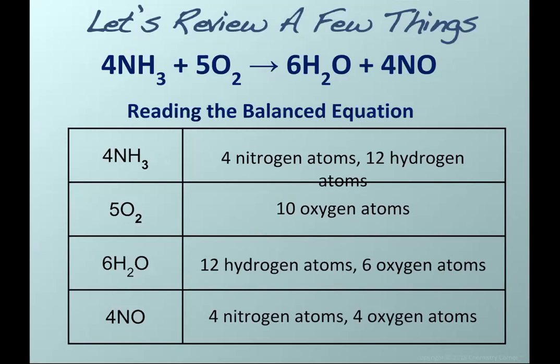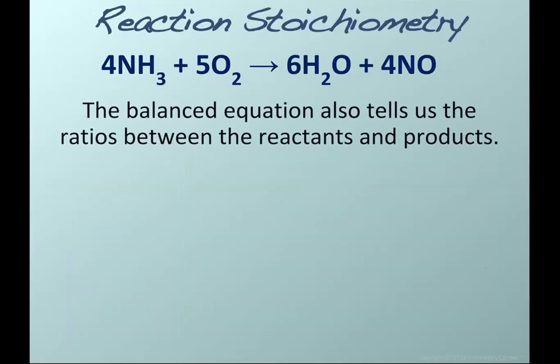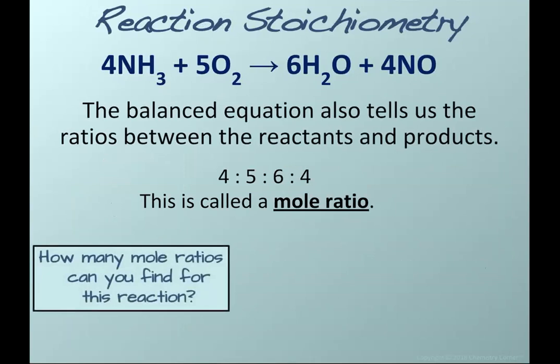Okay, the balanced equation also tells us the ratios between the reactants and the products. 4, 5, 6, 4. This is called a mole ratio. Okay, these are the coefficients out in front. 4, 5, 6, 4. How many mole ratios can you find for this reaction?